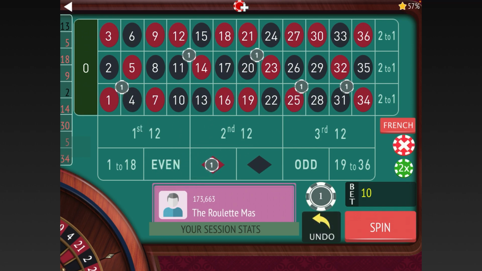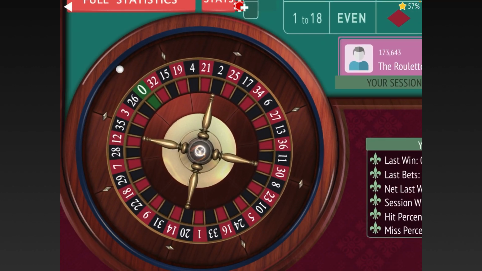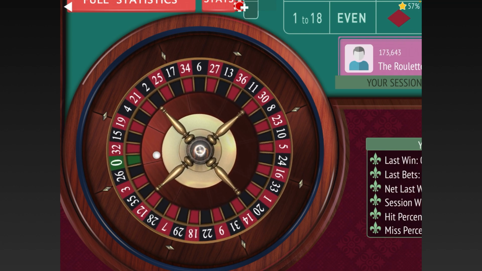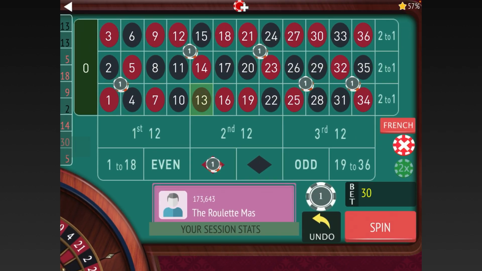So, we'll go from 1 to 3 on the inside. Then we'll go from 5 to 15 on the red. And that's a total loss again.